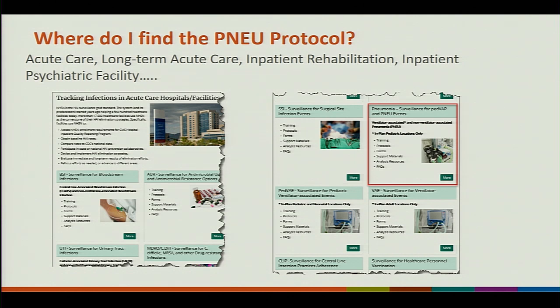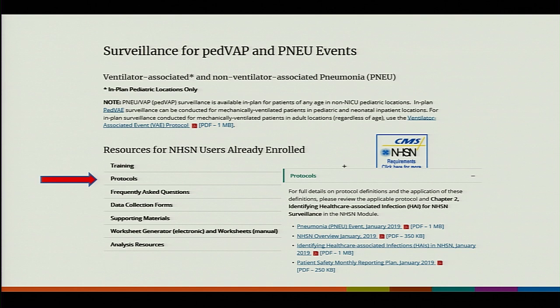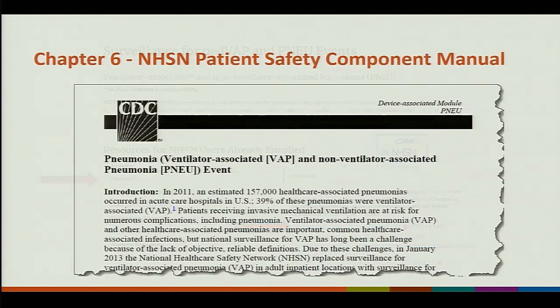It's found on the acute care, the long-term acute care, inpatient rehab, and the inpatient psych facility pages, as shown here. You can click on that. It'll take you to a location that looks like this, regardless of what the facility type is. We have the protocol section. Click on the link, and voila, you're into the pneumonia protocol.